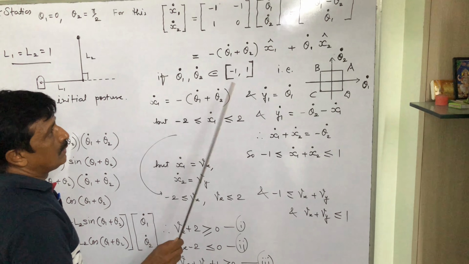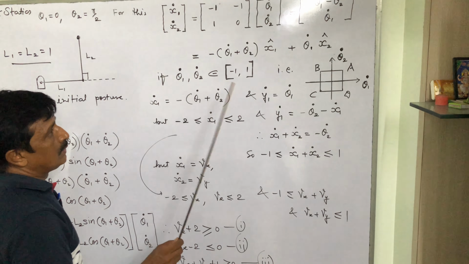And the fourth line, Vx plus Vy minus 1 equal to 0. If we take Vy 0, Vx is 1. So 1 comma 0, this one point. This one is 1 in distance.